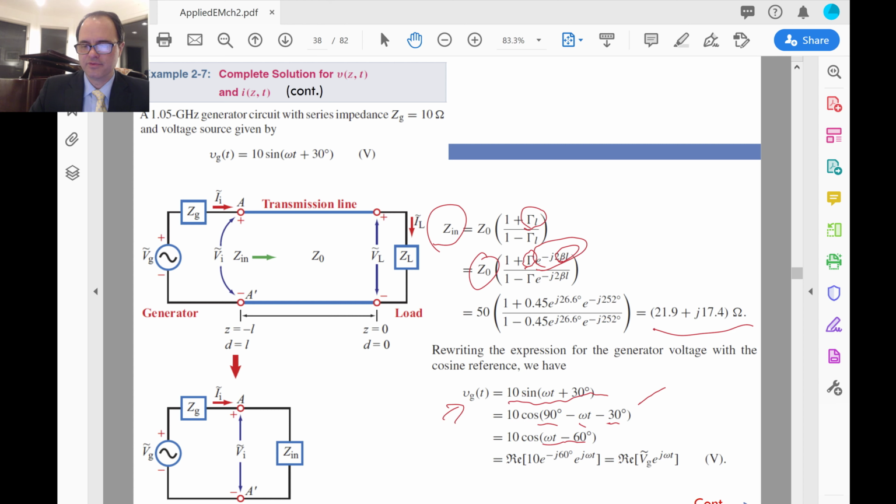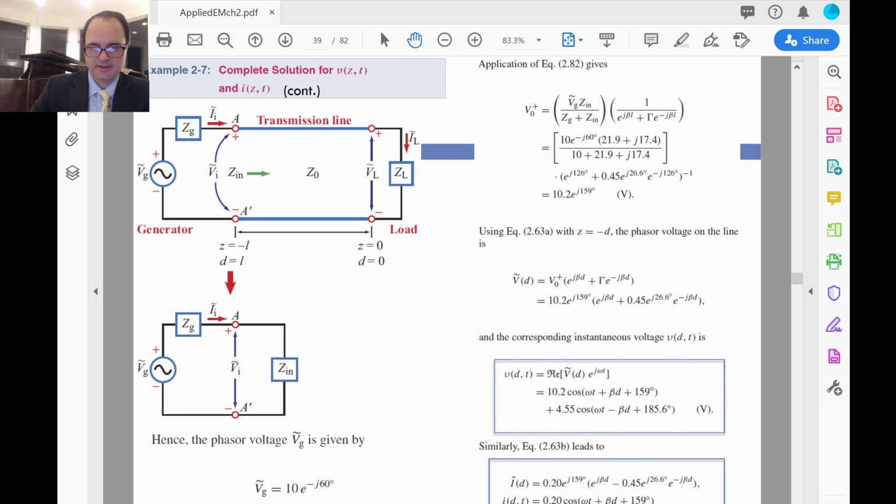The omega t will carry through, and we have 90 minus 30 minus 90, which is minus 60. So we get this right here. If we want to go to the phasor, and we do, we have everything in cosine, and so the phasor V sub g is 10 times e to the j minus 60 degrees. So that's what we have.